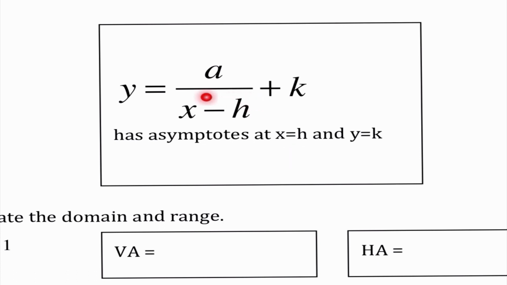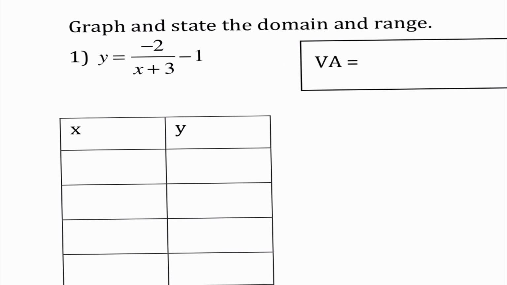So what that means is I'm going to have to set my denominator equal to 0 and get x by itself. Our horizontal asymptote is going to be at y equals k, and k is going to be whatever that constant value is. Okay, so knowing these asymptotes is going to become very important in how we go about graphing the function.